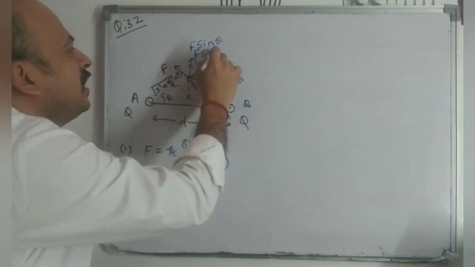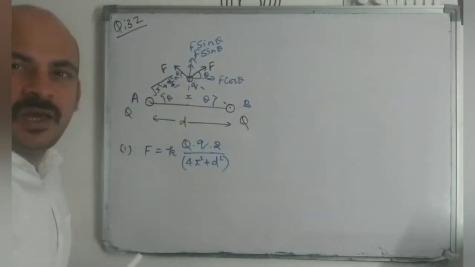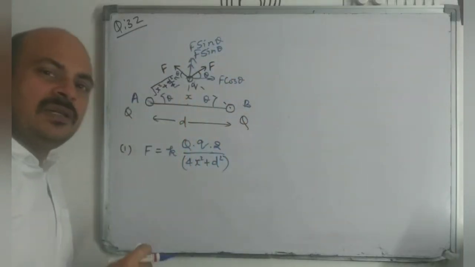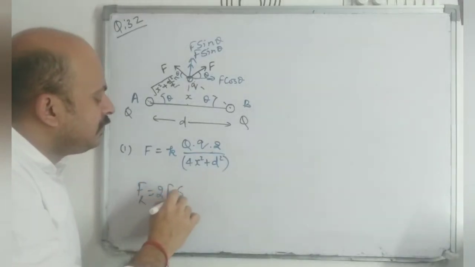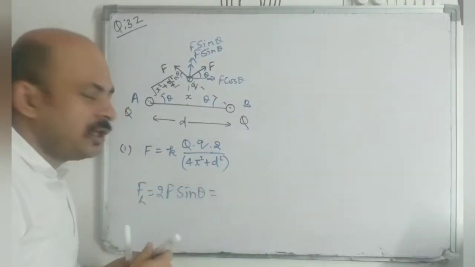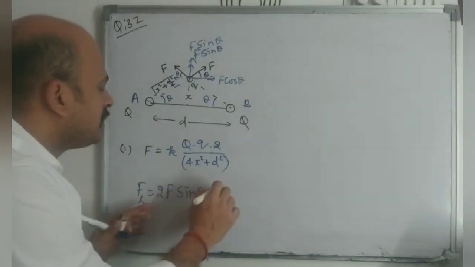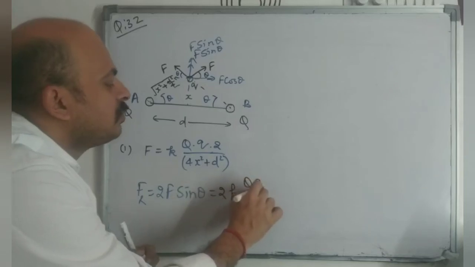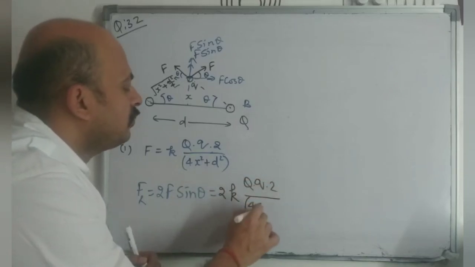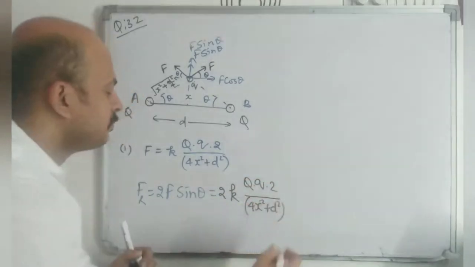So F cos theta and F cos theta are equal and opposite, and they will cancel. So the resultant force F will be equal to 2F sin theta. What is F? F is equal to K capital Q small q times 2 upon 4x square plus d square.